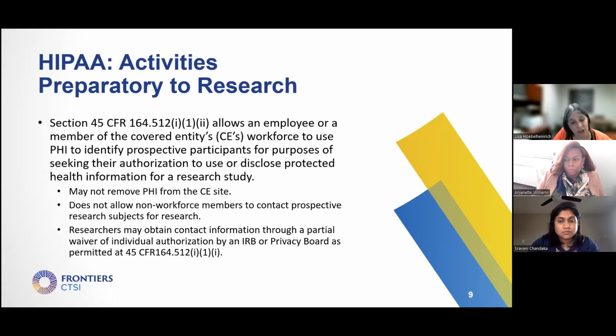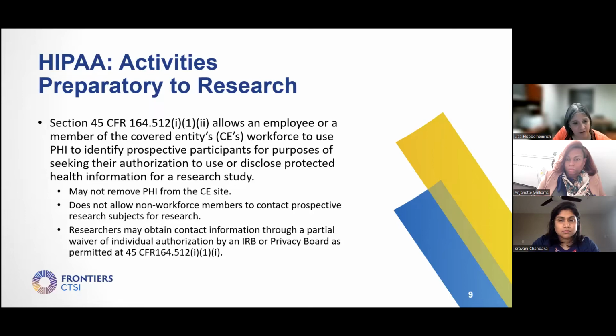This is something we're starting to see come up more often as we have investigators who are collaborating with, say, rural health providers, physician practices, for example, and perhaps that clinic may want assistance in identifying patients of theirs who may qualify.